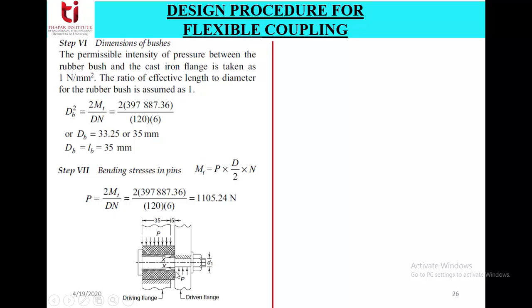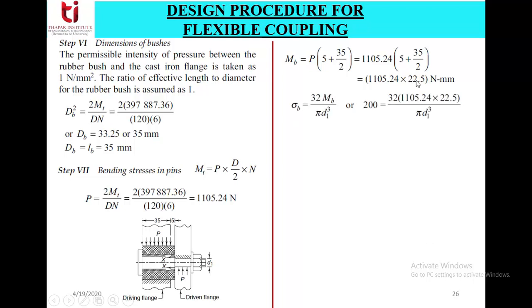So the maximum bending moment, MB, will come out to be P times 5 plus 35 by 2. That is, it will come out to be 1105.25, which is the force, into 22.5, which is the distance. So we get the bending moment MB. Now the bending stress sigma b is equal to 32 MB by pi d cube.